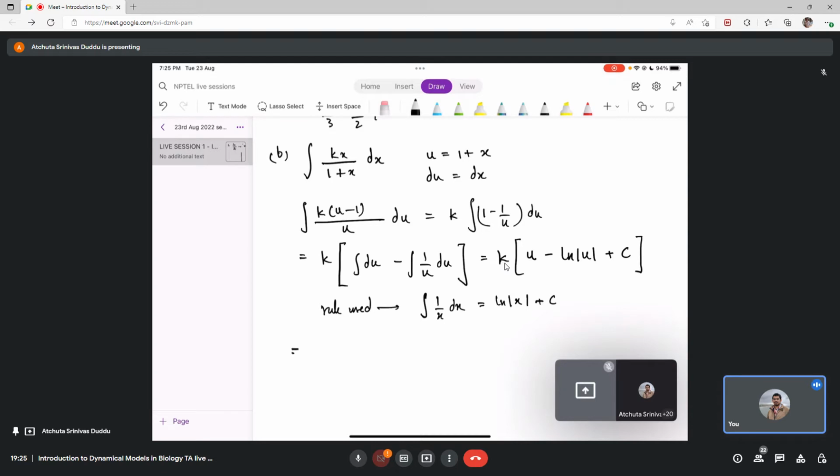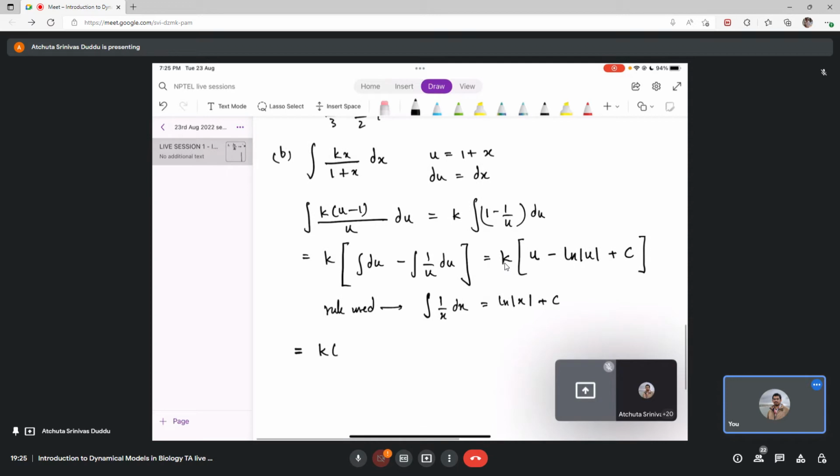So the integral would then be k times u, so substituting back, you have k times 1 plus x minus k times the natural log of 1 plus x, plus c, right? So this is the answer for the b bit.